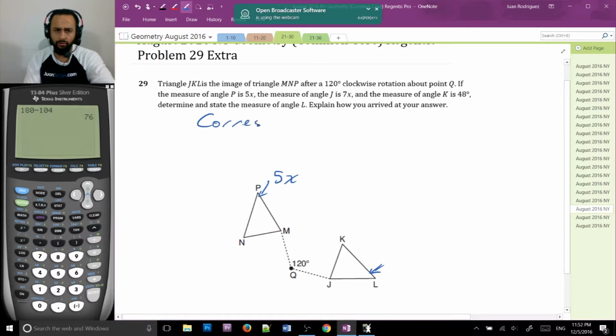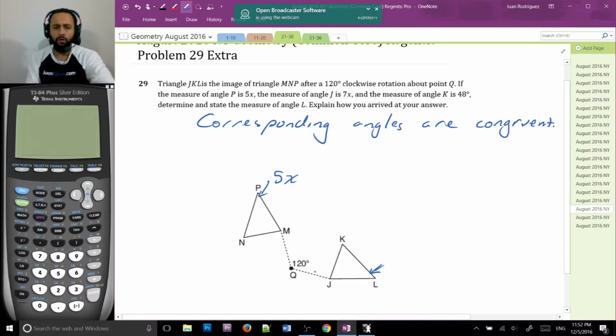Corresponding parts of congruent triangles are congruent. So angle L also has measure 5x.